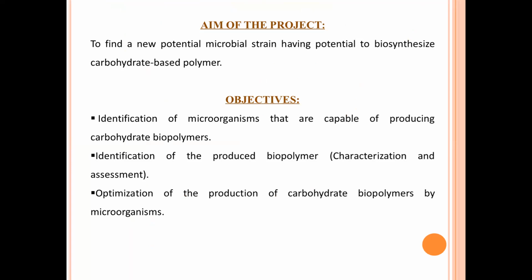And the objectives include first to identify the microorganisms that have the capacity to produce carbohydrate biopolymer, and then to identify the produced biopolymer through characterization assessment, and then the optimization of the produced carbohydrate biopolymer from the isolated microbial strains.